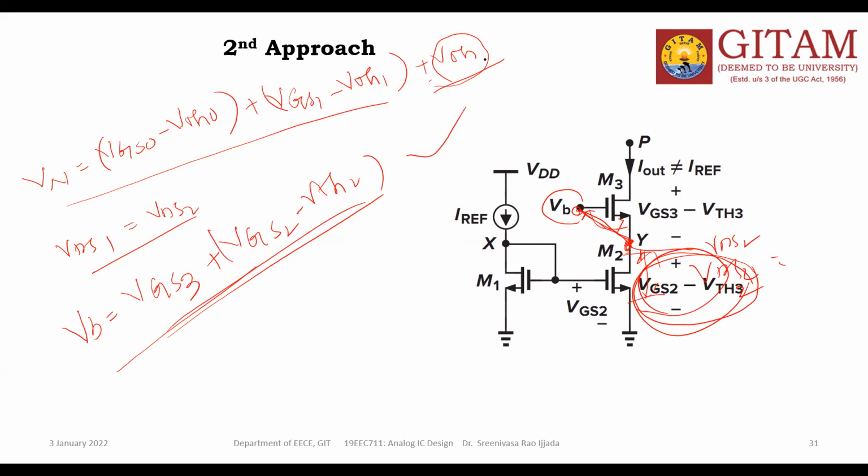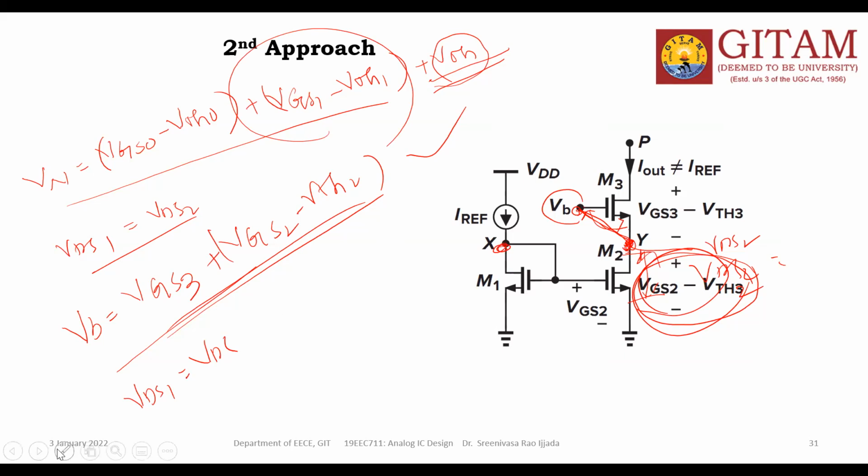Now we can eliminate this factor, and hence we get VDS1 equal to VDS2. VDS1 is the voltage across the M1 transistor, and this voltage is VDS2.